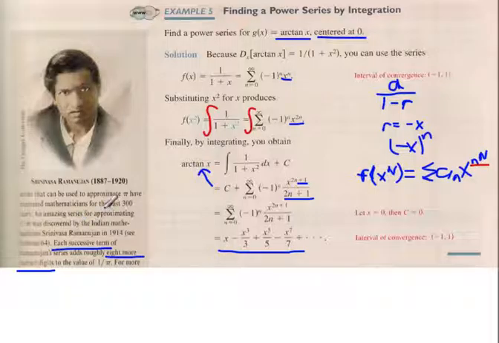Anyway, the reason we looked at this is just as a hint. In your assignment, on page 675, the directions say on 53, find the sum of the convergent series by using a well-known function.